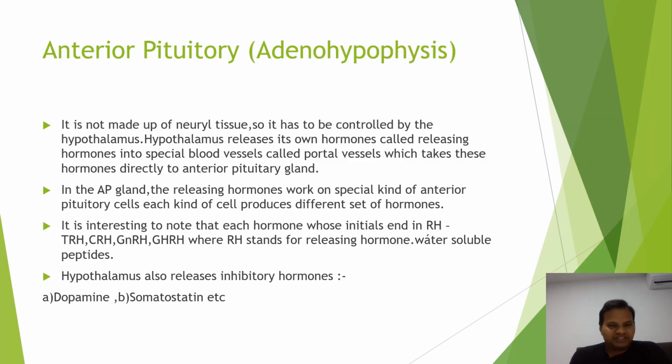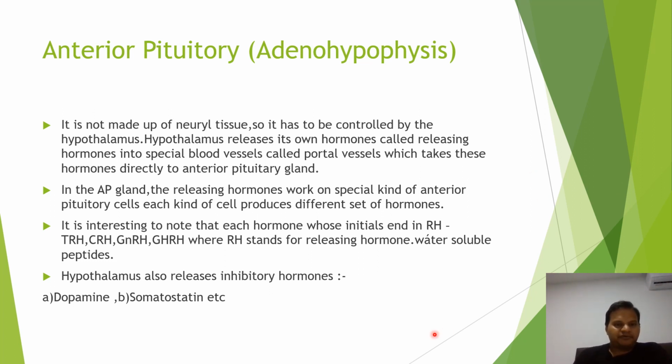So now we'll see the anterior pituitary part, which is known as adenohypophysis, situated just below the hypothalamus, in the anterior part. Hypophysis, as we already know, is the downgrowth in the down part of the brain.